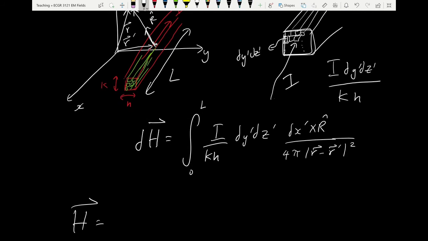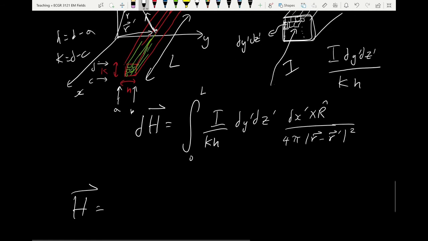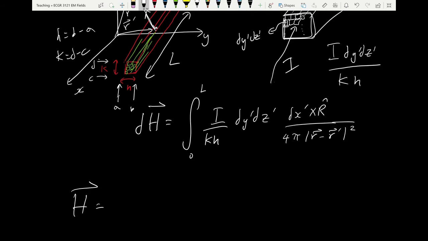Let me call this point A and this B, and then let's call this point C and this D. Essentially what I'm saying is H equals B minus A, just to simplify, and K equals D minus C. I just want to simplify so I can write this.